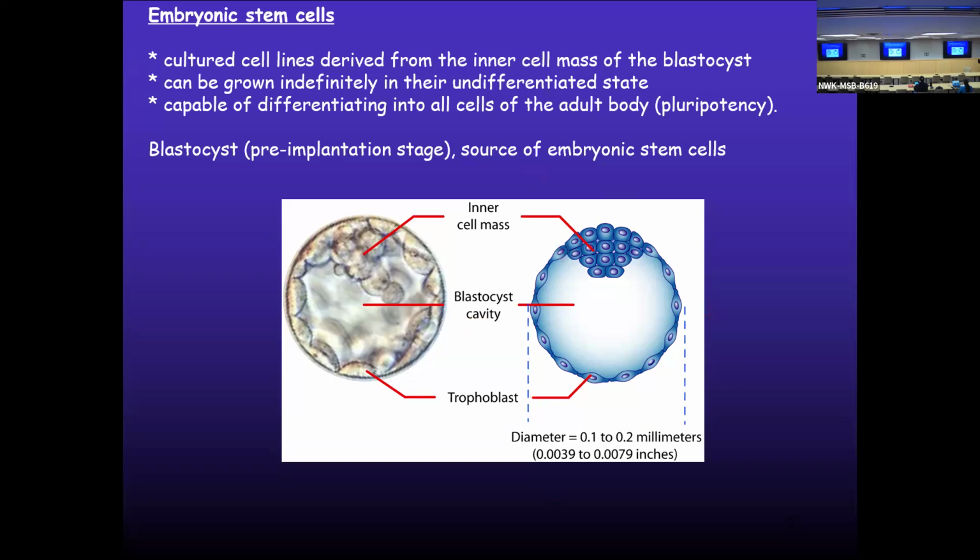All the extraembryonic tissues, for example, the amnion, the chorioallantoic placenta, all those tissues cannot be made with embryonic stem cells that are derived from the inner cell mass of the blastocyst. And that's why these stem cells are pluripotent, as opposed to totipotent. They are not totipotent. They cannot make placenta. Okay? All right.